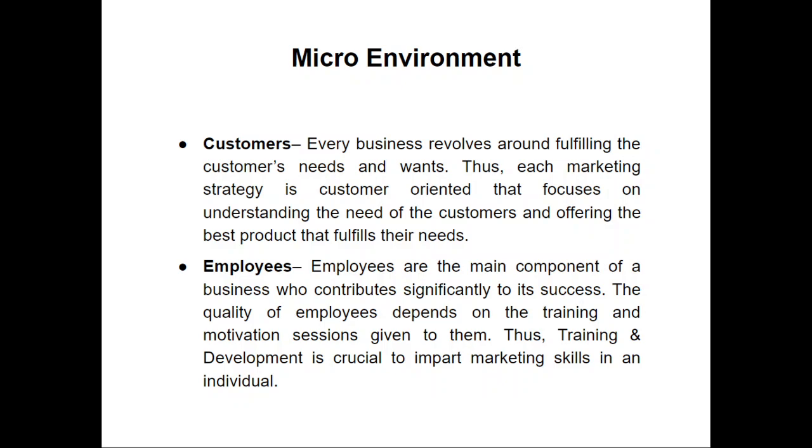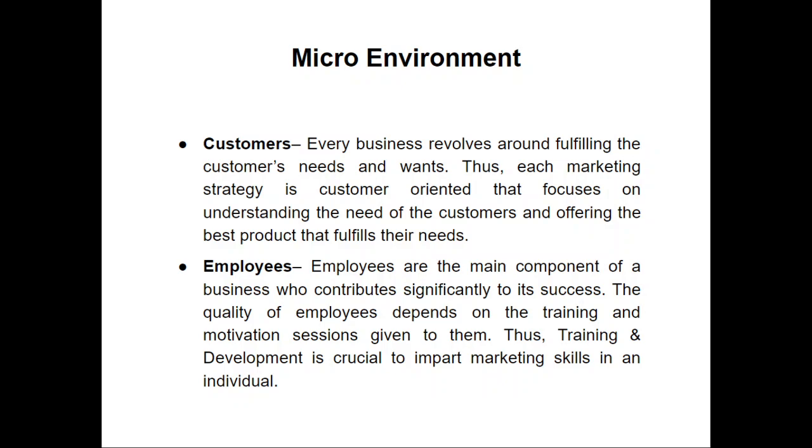Thus, training and development is crucial to impart marketing skills in an individual. The company has to spend a lot of money for training and developing the employees of the organization, especially the marketing department. The marketing department employees have to be trained well in the field of marketing skills.